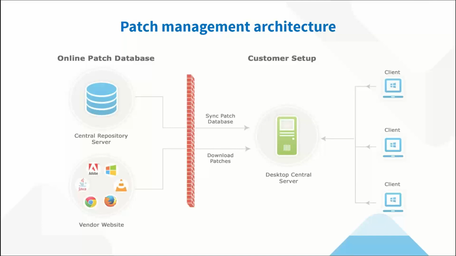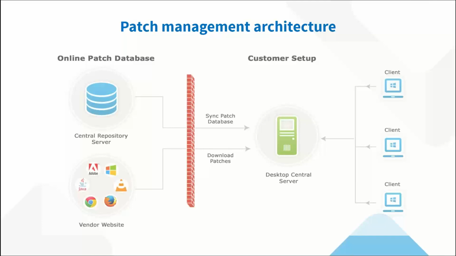And in fact, for Mac and Linux, we have a separate set of testing mechanisms. We also test the third-party application patches as well. This testing involves checking whether a patch has been successfully installed, the compatibility and the applicability check of the patches will be tested during the process, and then it will be published to the central patch repository.